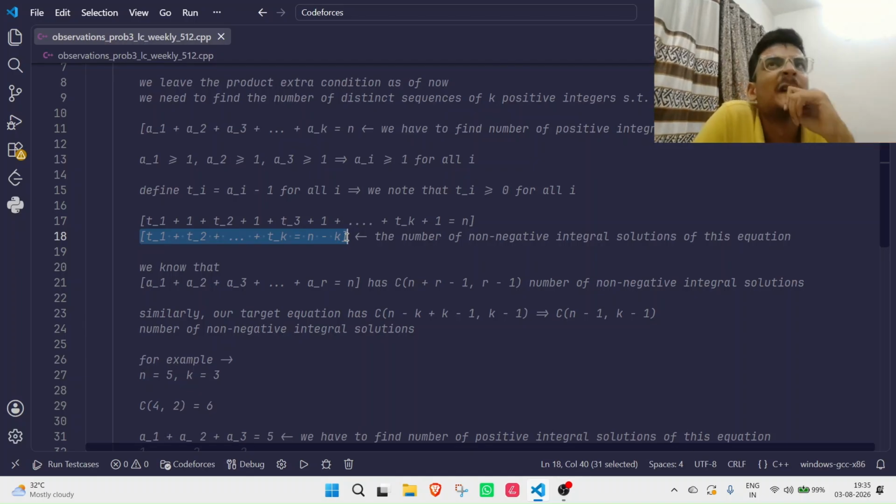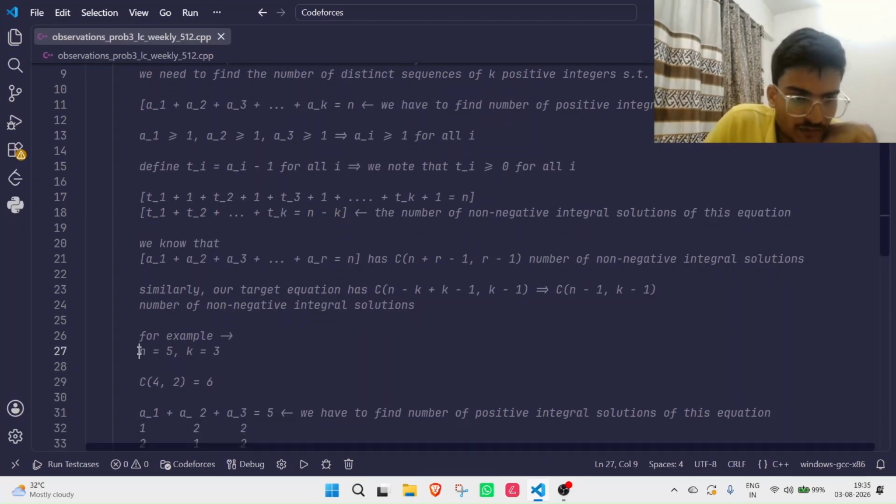How do I check this n minus k? The number of even numbers from 0 to n minus k. How many are there? Suppose n equal to 7, k equal to 3.